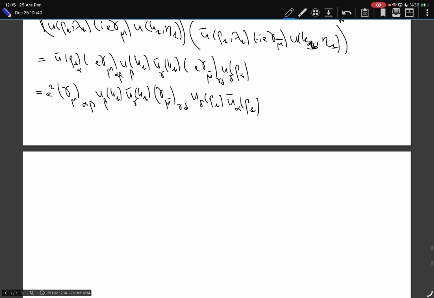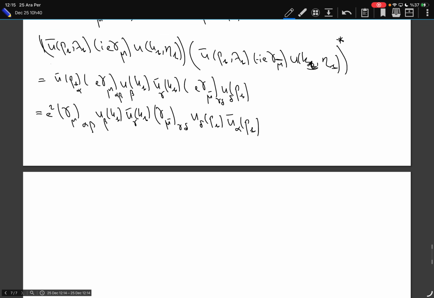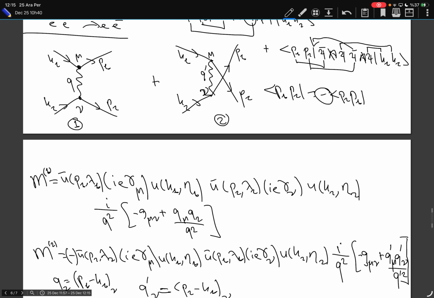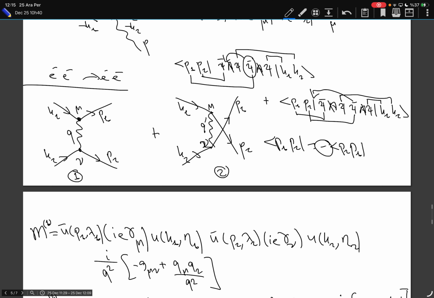So rather than calculating this one, let me call this T mu mu bar, lambda 1 eta 1. Remember, lambdas were the polarizations of the outgoing electrons, etas were the polarizations of the incoming electrons.